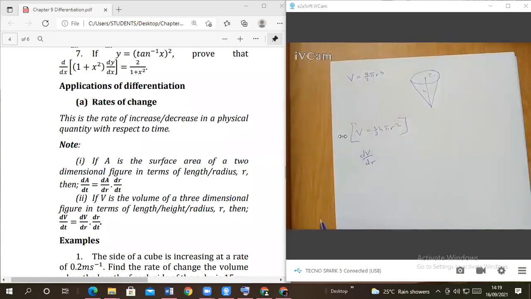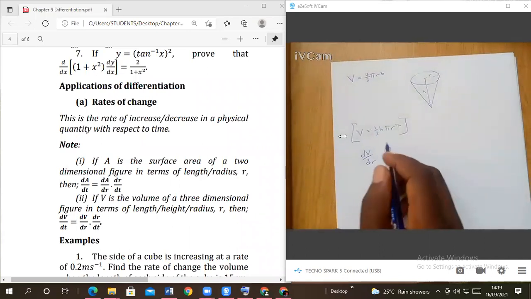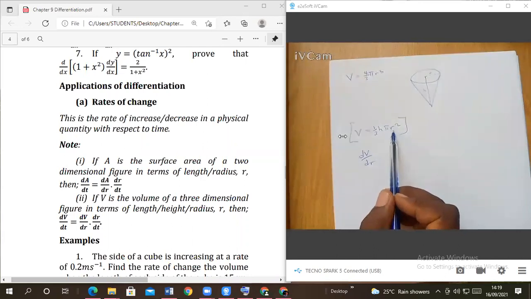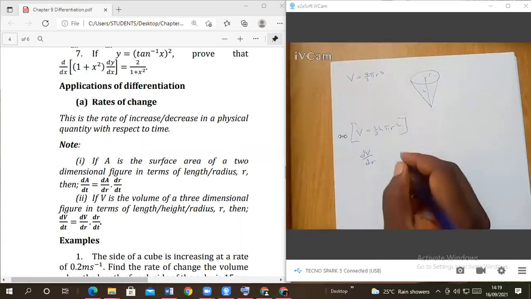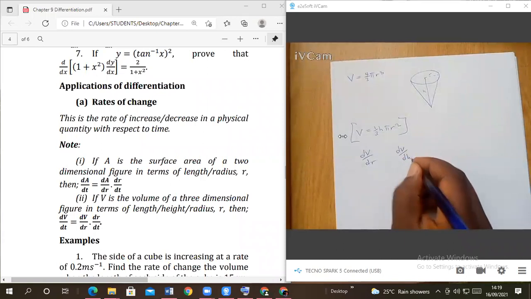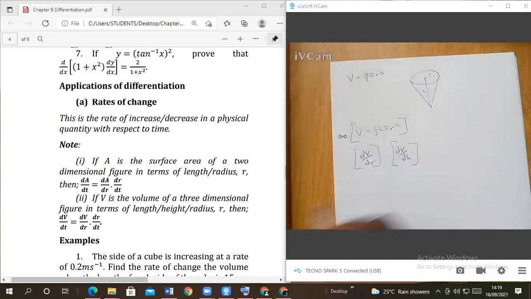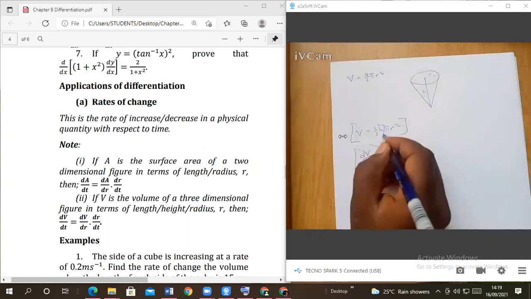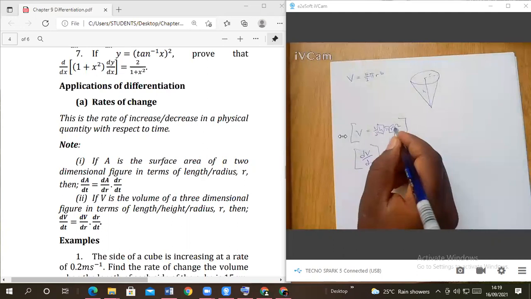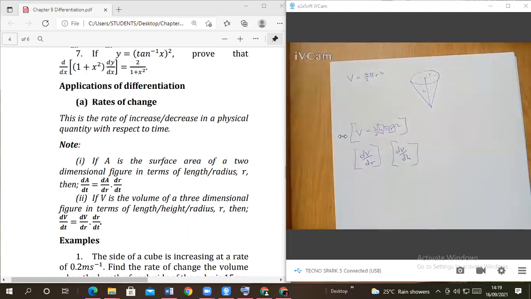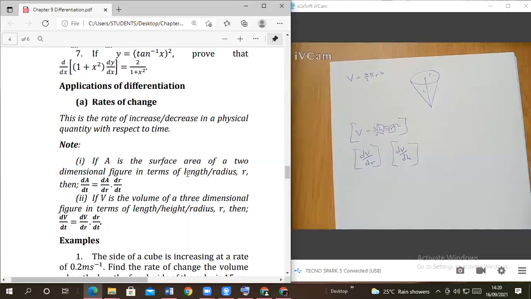Or if the rate of change that they want is that of the height, then we are to find a way of getting rid of the r, so that we find dV/dh. So it is either way, depending on what they want, you eliminate one variable, either the h or the r. So such quantities which are in terms of 2 or more dimensions, that's what we are going to do. Let's have examples.